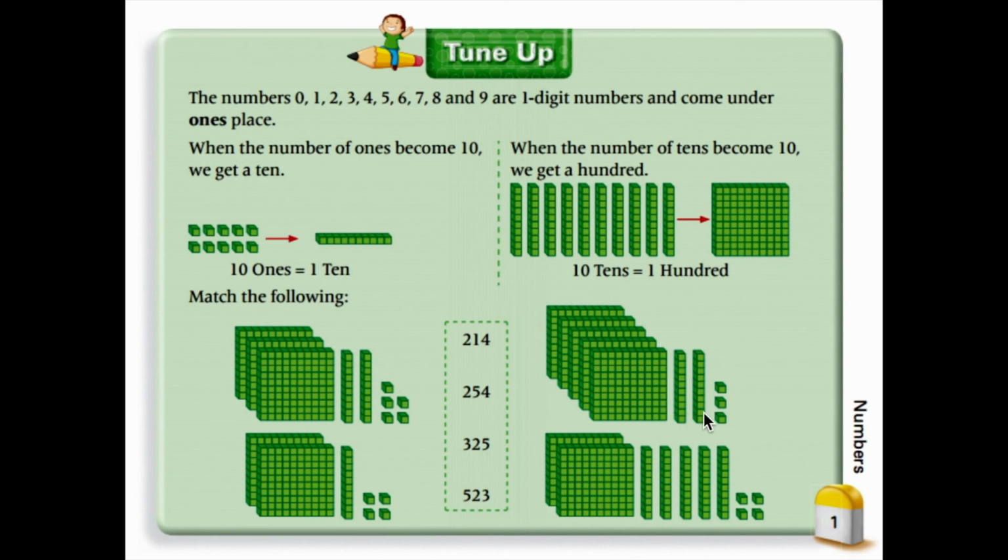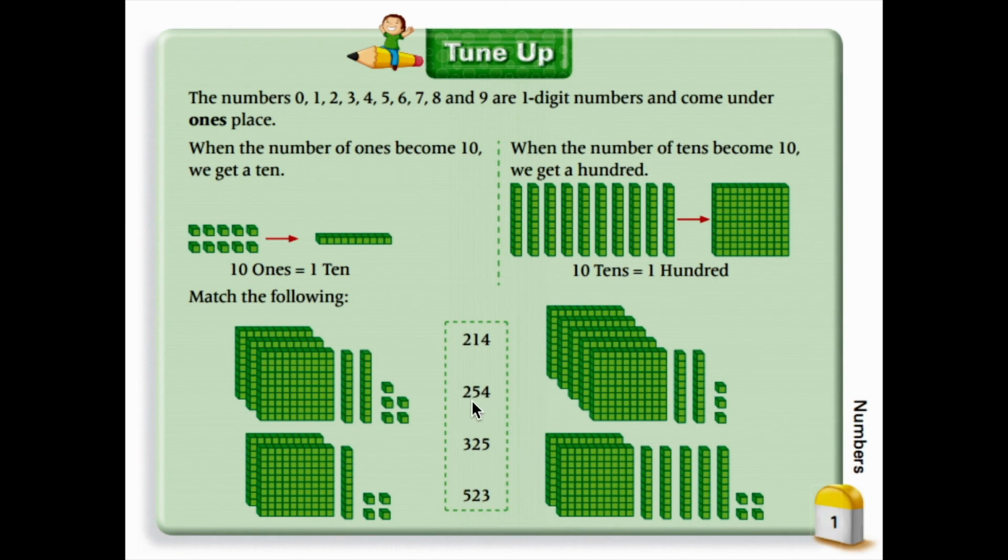So we have 2 tens, and over here also digit 2 in the tens place, and 3 ones, and over here digit 3 in the ones place. So this set of blocks is matched with the number 523.